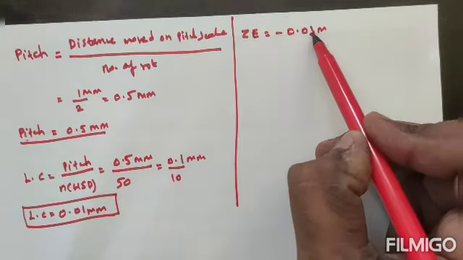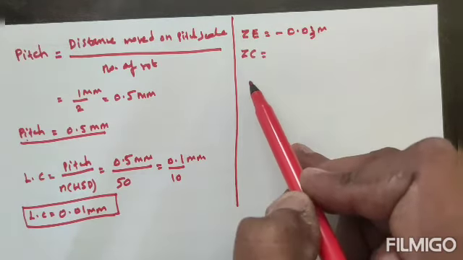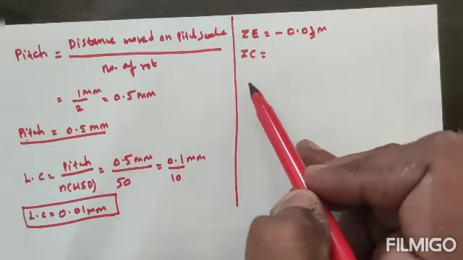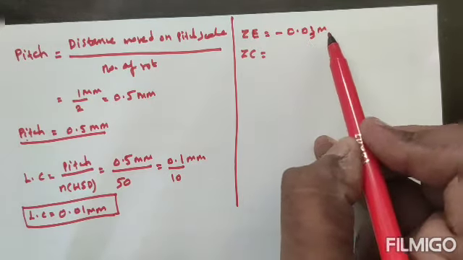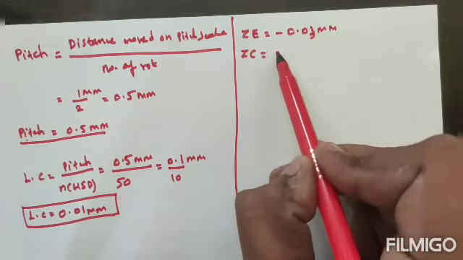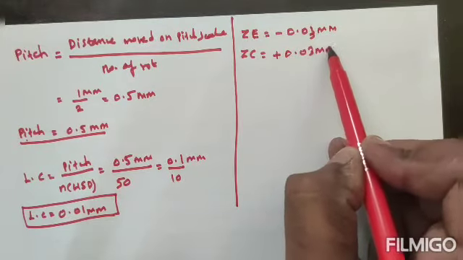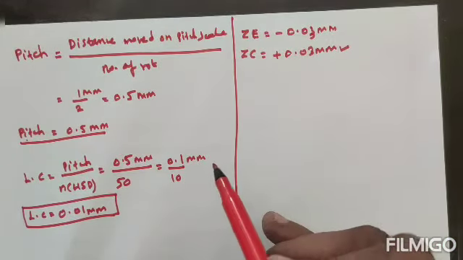So what about the zero correction? You already know from the theory, zero correction has the same magnitude but opposite sign. So the zero error is minus 0.03 millimeter, and the zero correction is plus 0.03 millimeter. This is an important value.